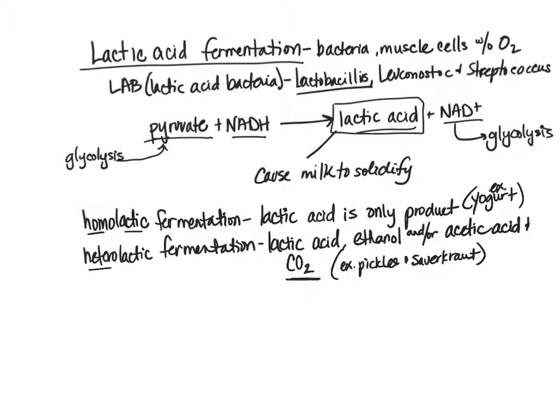So we have a lot of these other products being produced as well. We can say that also: use the PPP instead of the EMP pathway for glycolysis.